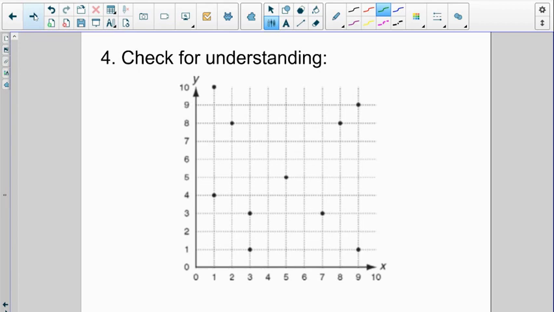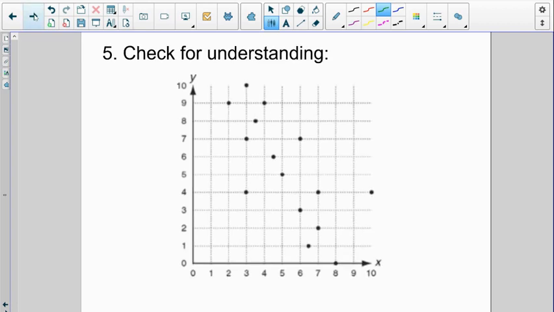Number 4, please choose the most correct R value in Edpuzzle for your correlation coefficient. And finally, our last problem, number 5. Please choose the most correct answer for the correlation coefficient in the Edpuzzle.